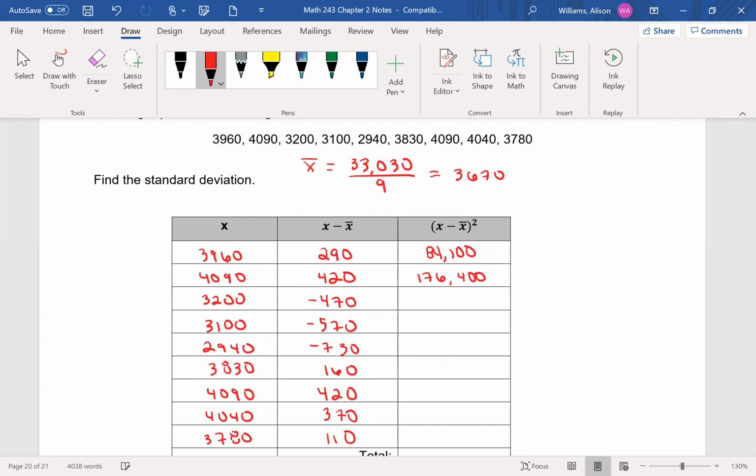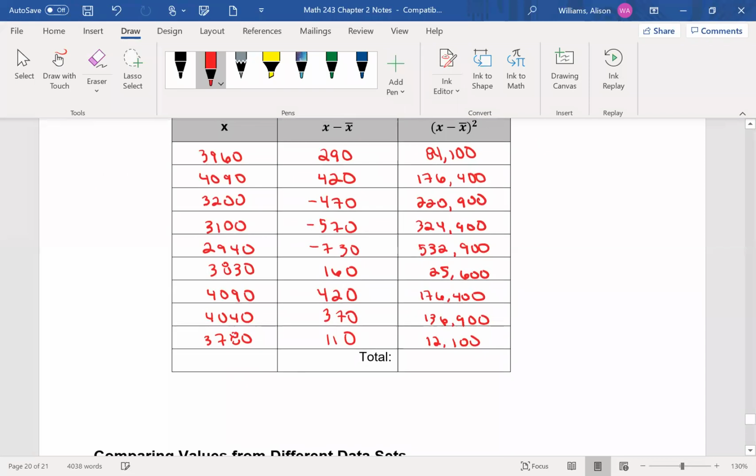I knew I could do it eventually. 220,900. 324,900. 532,900. 25,600. 176,400. 136,900 and 12,100.